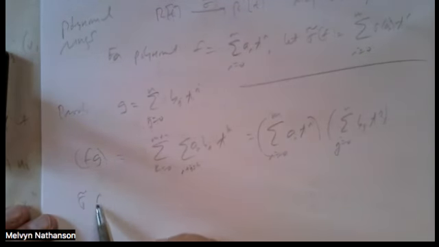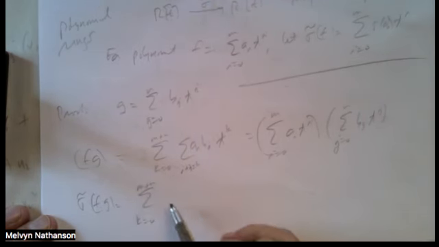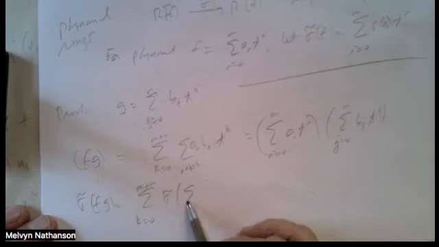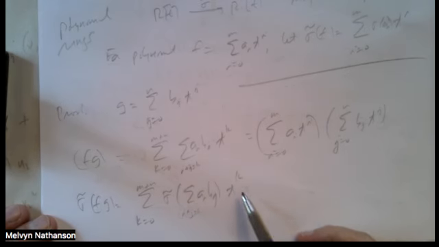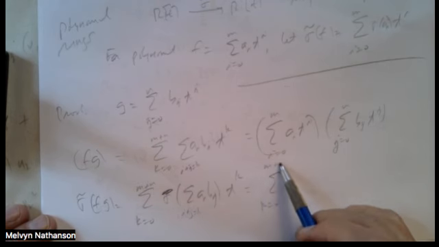So sigma tilde of fg is the summation, k goes from 0 up to m plus n, of sigma of the sum over i plus j equals k of a_i b_j, times t to the k.